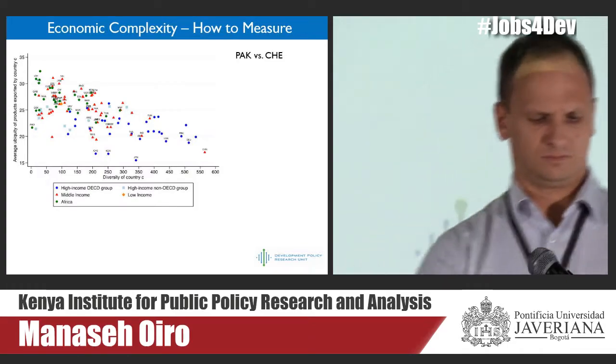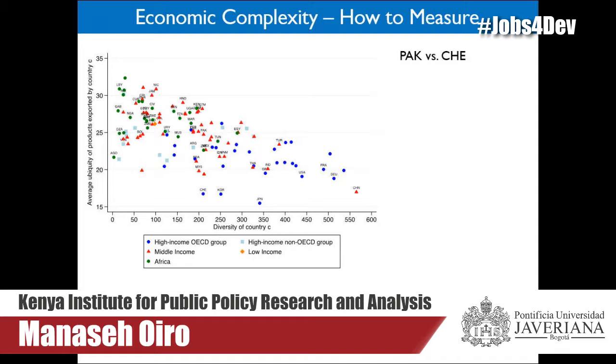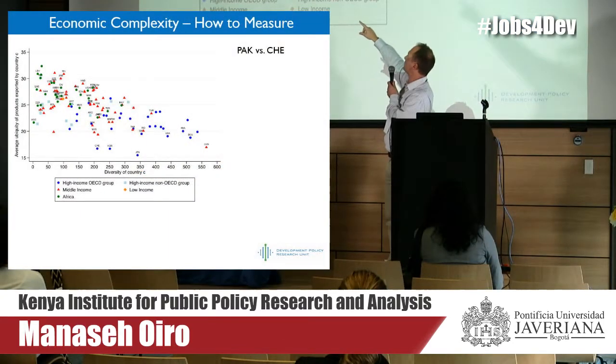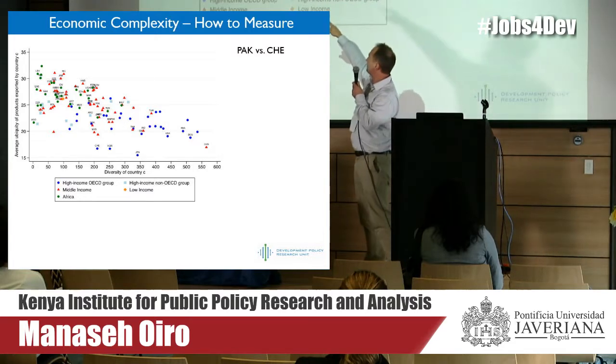So, can I do this? Okay. If you look at this graph, it's basically graphing the diversity of these countries against the average ubiquity of the products that those countries export. And you see CHE over there. So it's the blue dots at the bottom.